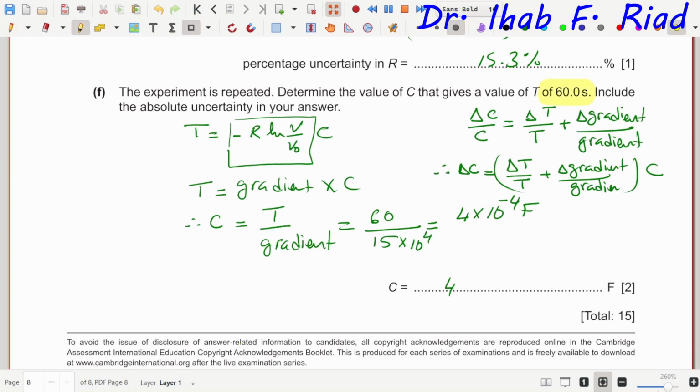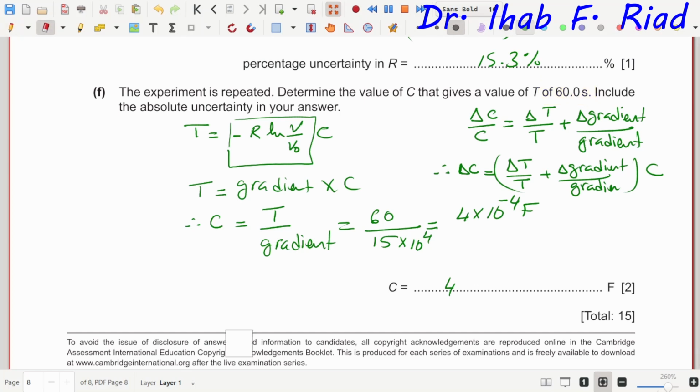You can choose that delta T is 0 and this should be fine. But for us, we can decide that delta T is 0.1 second. It is the minimum value, or 1 unit of the least significant value of the quoted result.